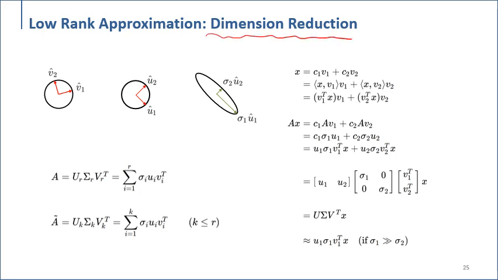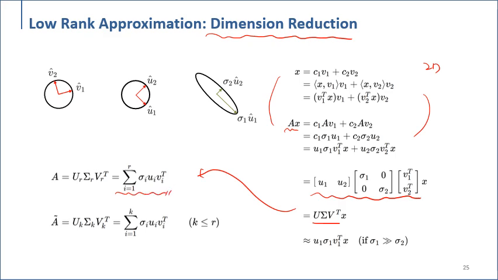As we discussed earlier, the multiplication of a vector and the A matrix can be understood as a linear mapping. Using singular value decomposition, let's consider only the two-dimensional case. The A matrix can be decomposed as U sigma V transpose. More generally, A can be understood as U_R sigma_R V_R transpose.